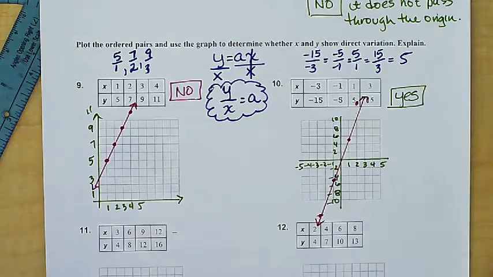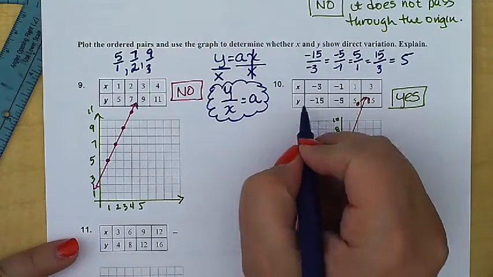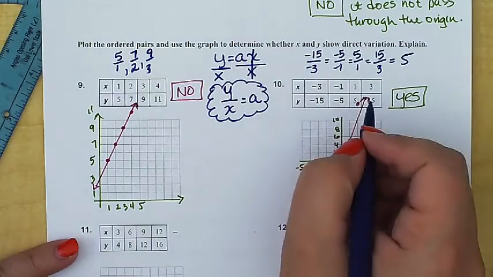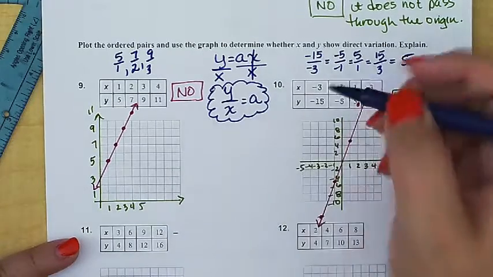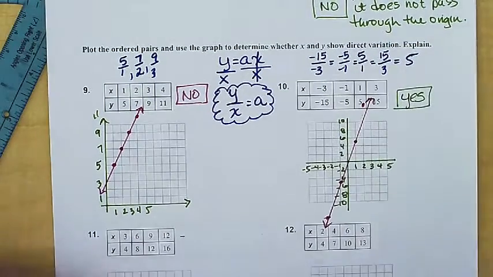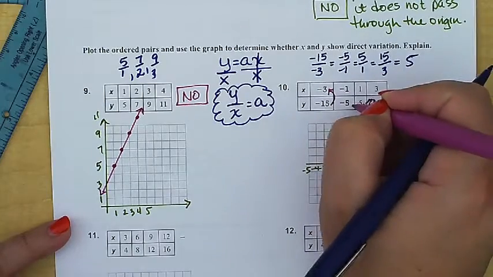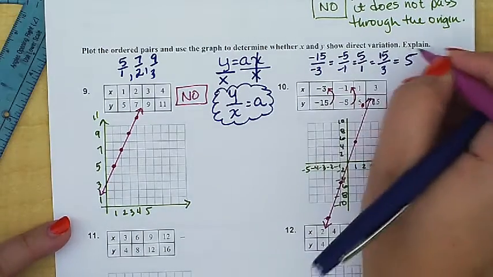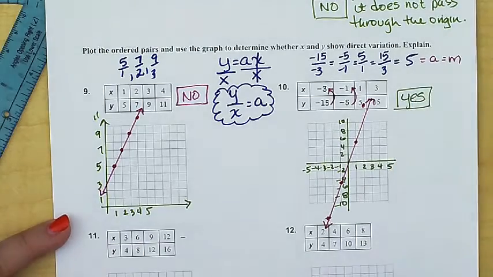So that's one of the really neat things about direct variation, y'all: you don't have to do the y2 minus y1 over the x2 minus x1. You can do that for all linears, but for this special group, that's why it's called direct variation. You can directly just divide the y and the x and find out what your constant of variation is, which is your a, and also your slope.